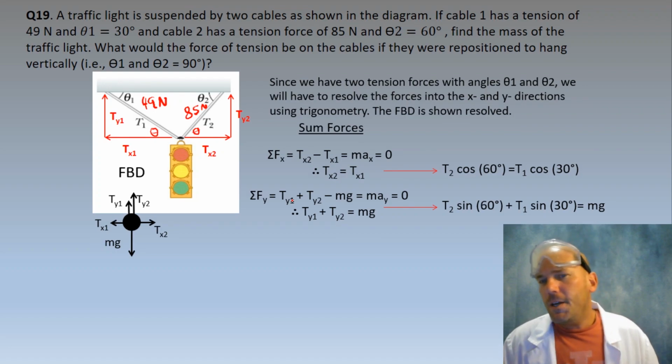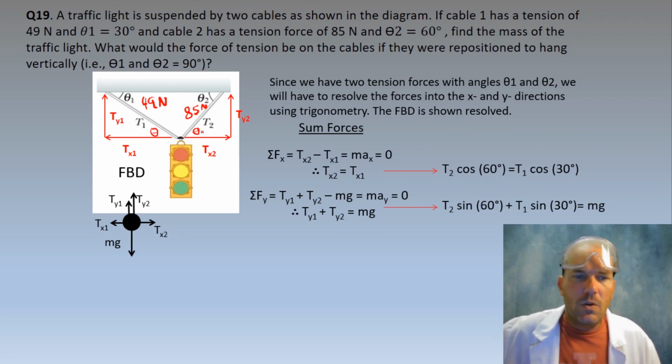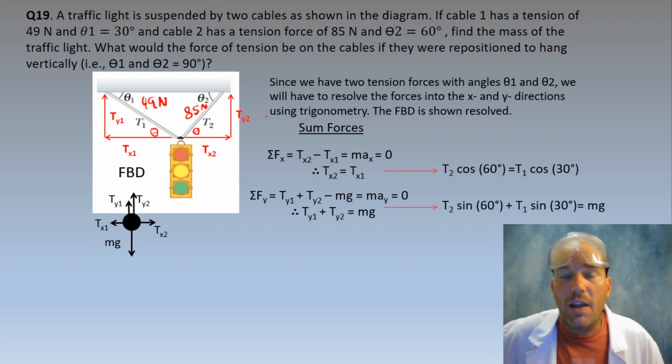Let's pop in our trig. Remember, T2 was that 85 Newton resultant force, cosine 60, and T1 was that 49 Newton force, cosine 30. Okay, so when we're looking at the horizontal, you can see you're going to be using cosine because these are the adjacent sides of that triangle.